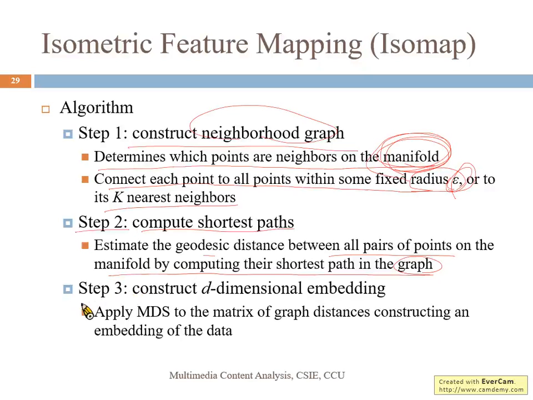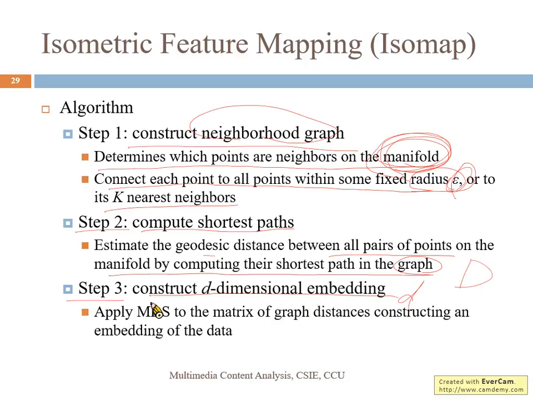So that at step 3, we can construct a d-dimensional embedding. That means we can reduce the dimensionality. The original dimension would be capital D, and then we want to reduce the feature dimensions to small d. So that's what we mean by constructing a d-dimensional embedding.